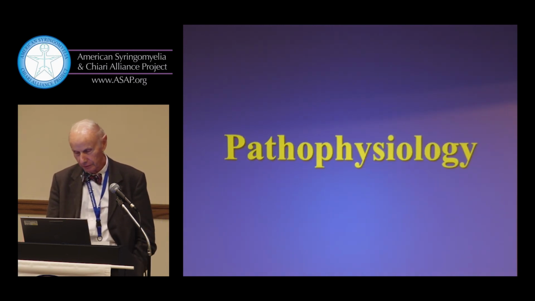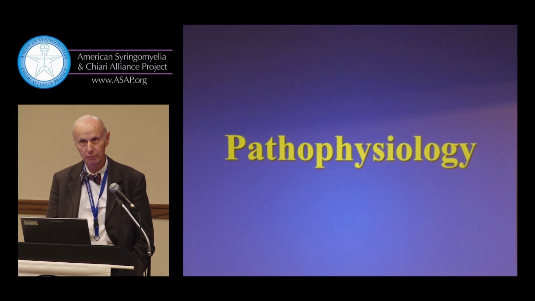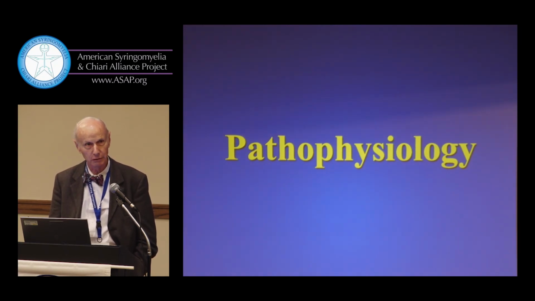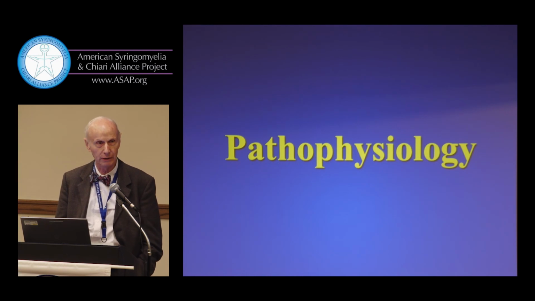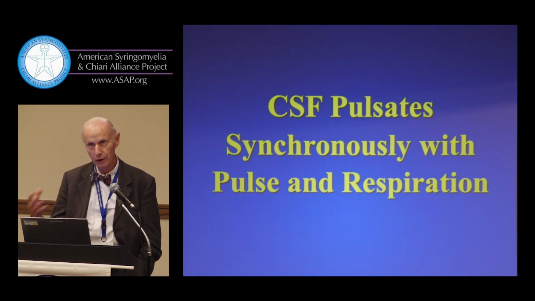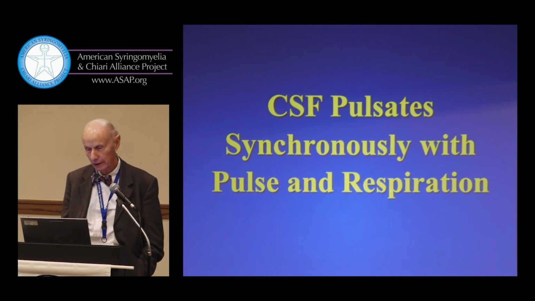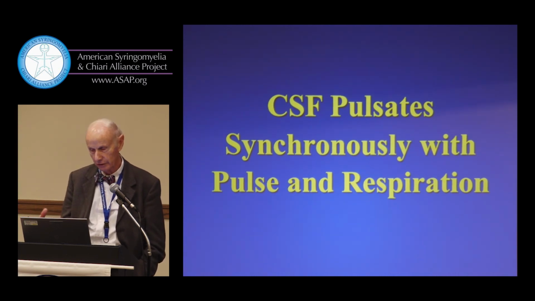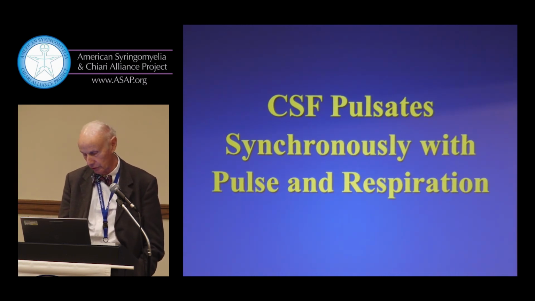And I want to talk briefly about the pathophysiology of primary spinal syringomyelia. You've heard quite a bit about the pathophysiology of Chiari malformation. As you have heard in connection with hindbrain descent, CSF pulsates synchronously with the pulse and respiration.